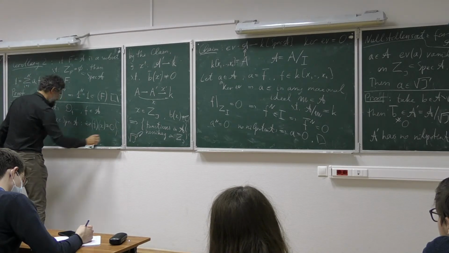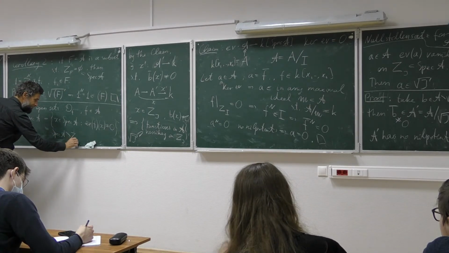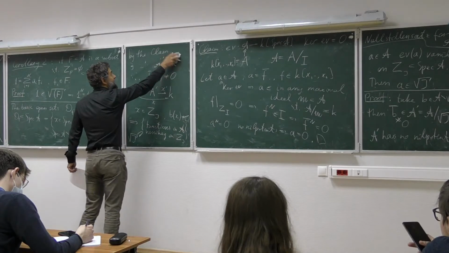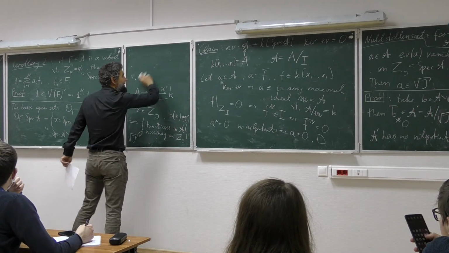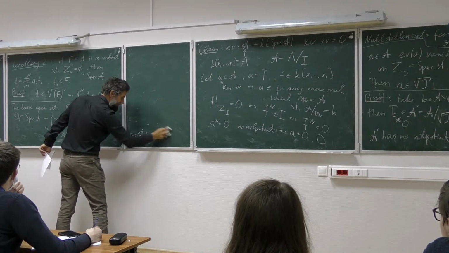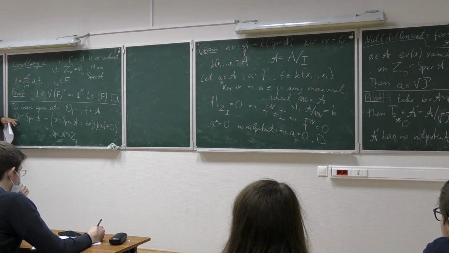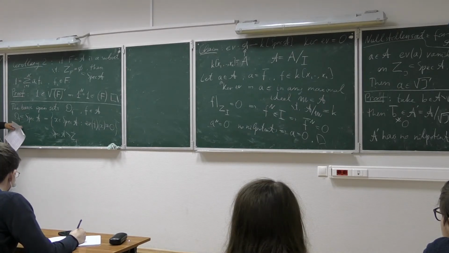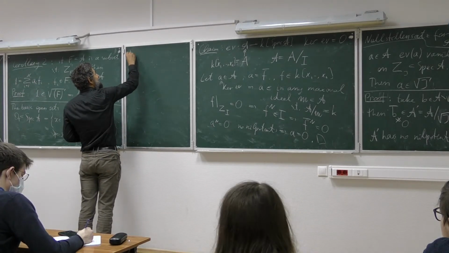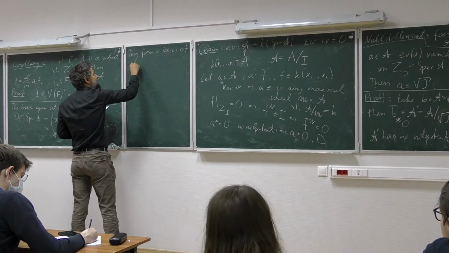In other words, this is the complement: the spectrum of A without the zero set of f. And by the very definition, these basic open sets form a basis of the Zariski topology, so any open set contains an open subset of this form. Maybe this will be an exercise for your home assignment, but let me just state it. They form a basis of the Zariski topology.